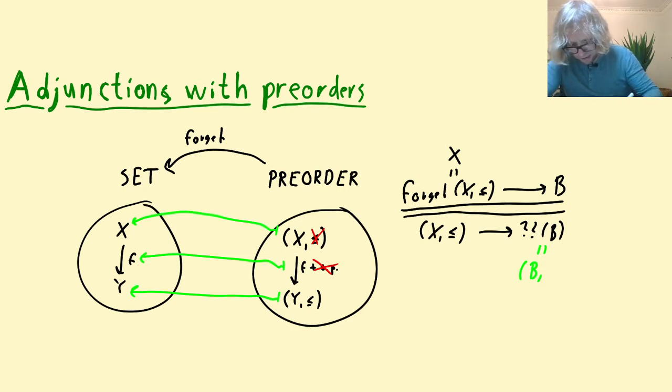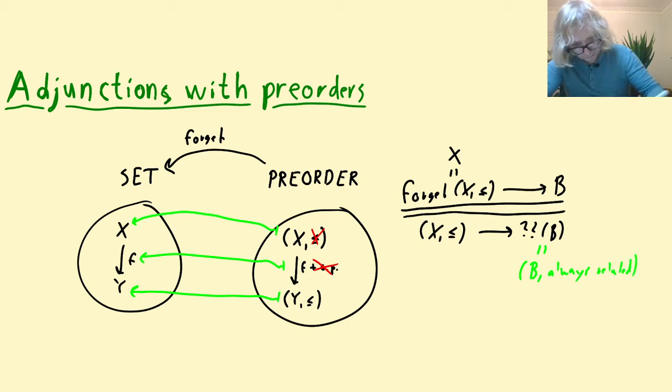The only way to preserve all possible orders over here is probably to make everything here related, because otherwise we can't do it all the time. And remember, we can't make this depend on whatever morphism we have up here. It has to work for every morphism. So I think if I make this always related, then that might work.